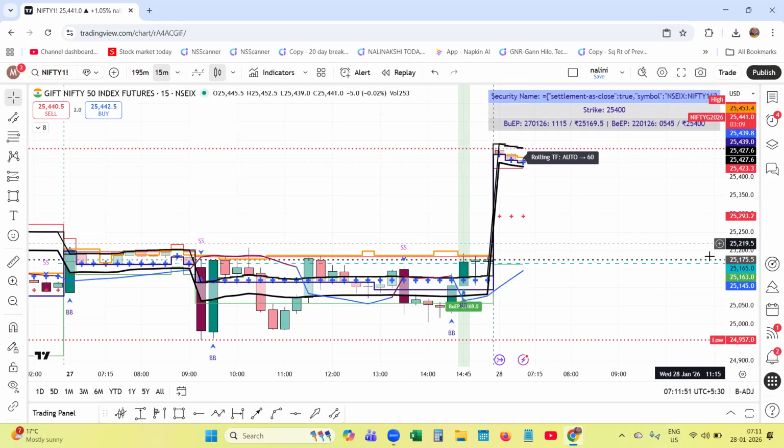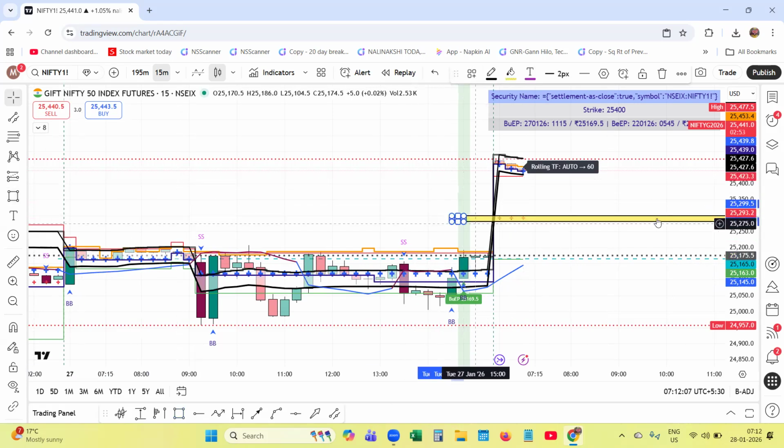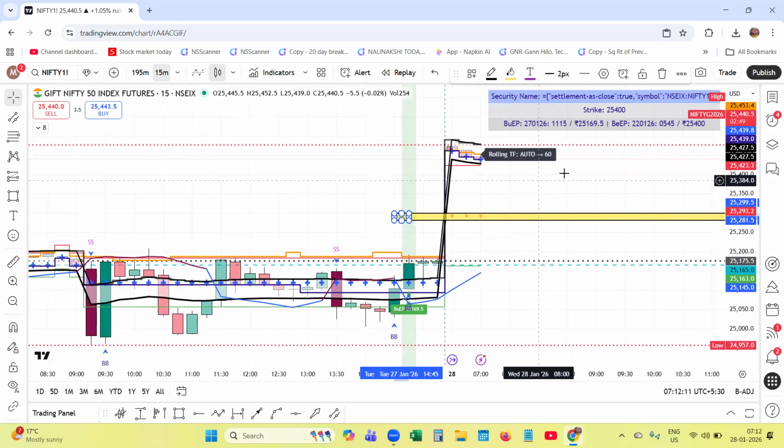If you see, it's a gap up to the level of 25,427. The POC is here, and another in between, the weekly POC, is in the middle. This helps you as a guidance.